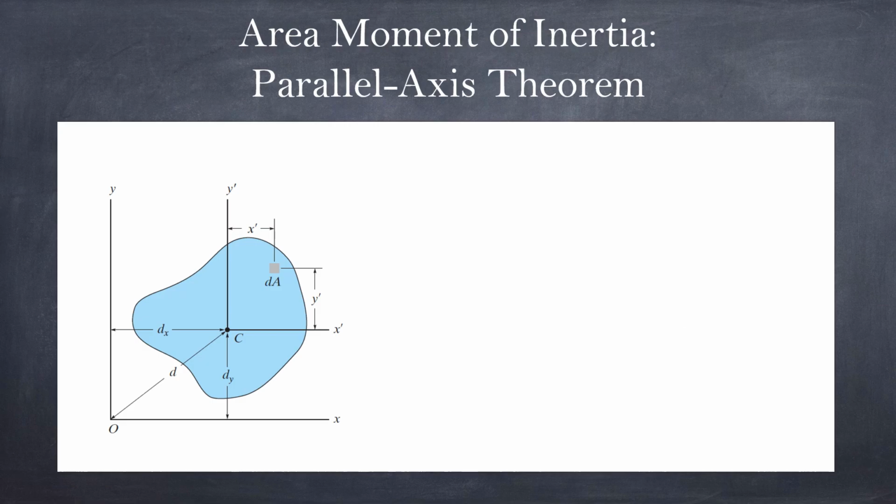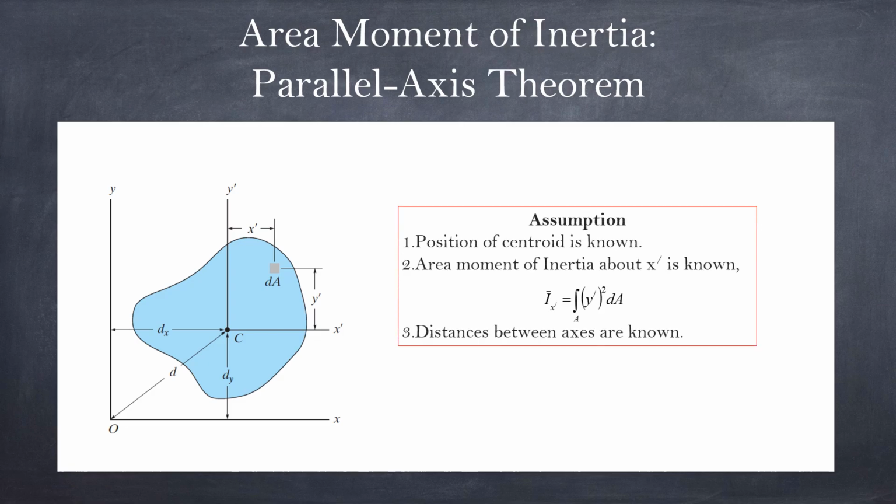The next topic deals with the case we just talked about. We try to find an equation to solve that. If we know the area moment of inertia at the centroid, and we want to find it about other axes, how can we do it without integrating all over again? To use this, you have to know where the centroid is, and we know the area moment of inertia.